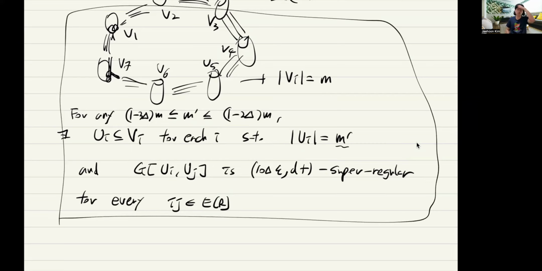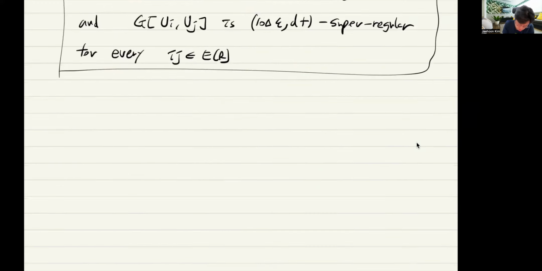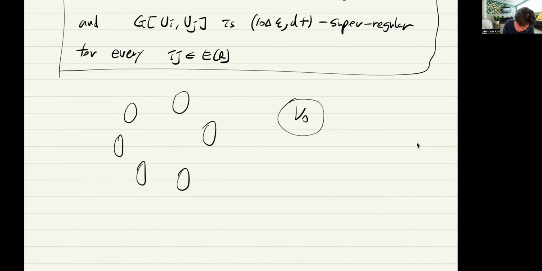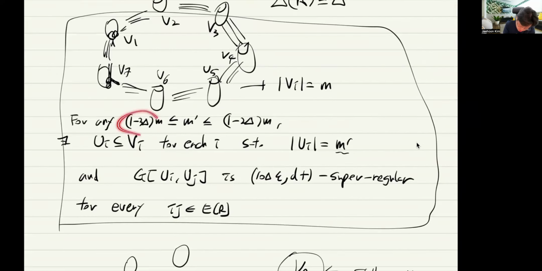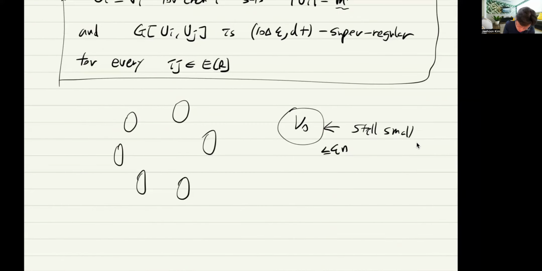So basically, as long as your reduced graph has bounded maximum degree, then you can kick out small numbers from each part, and then make sure that your regularity partition is a superregular one. And all the deleted ones, you add to B0, but this is still small. The number here is originally at most epsilon n, and we kick out at most 3 delta fraction from each one. So now it's like 3 delta plus epsilon, times n, almost.